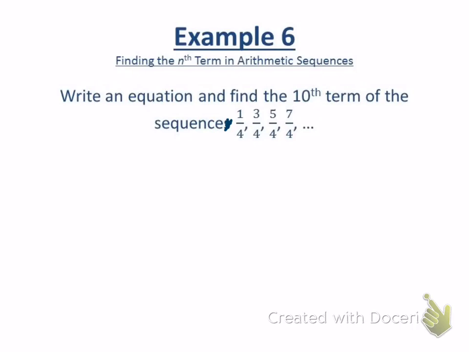All right, so we're going to use our formula for an arithmetic sequence: first term plus n minus 1 times the common difference.